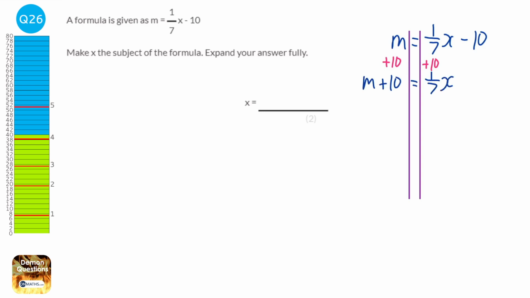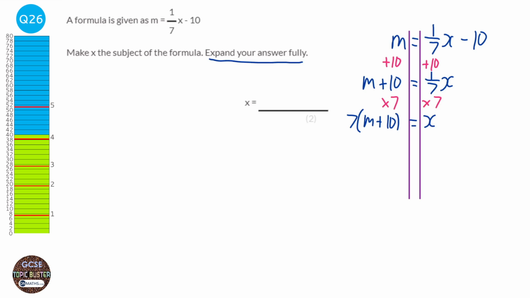Now to get rid of the 1/7, what I can do is just times both sides by 7. So 7 brackets m plus 10 equals x. So x therefore would equal 7 brackets m plus 10, but it says expand your answer fully, so we're just going to expand the brackets, 7m plus 70.